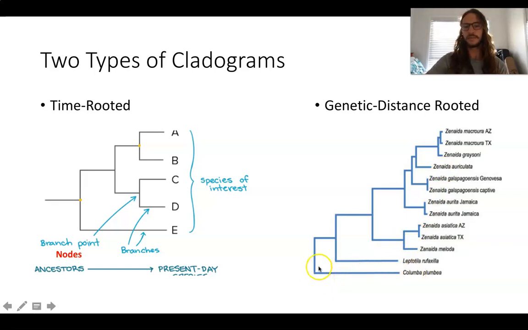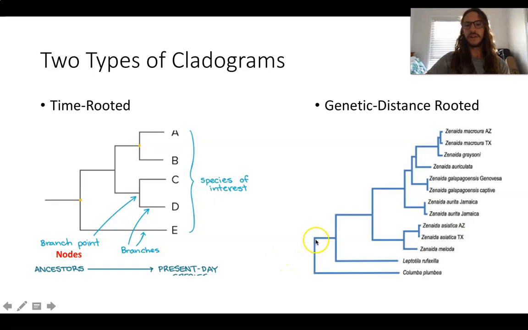Let me give you an example. If this is the common ancestor between all these species, so from this one common ancestor, all these ones are said to have come from it. I could ask a question like, which out of all these species is most closely related to the common ancestor?